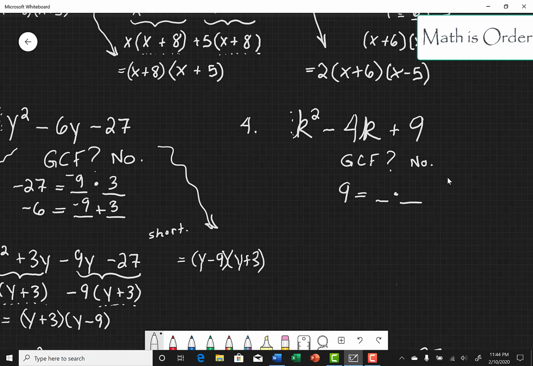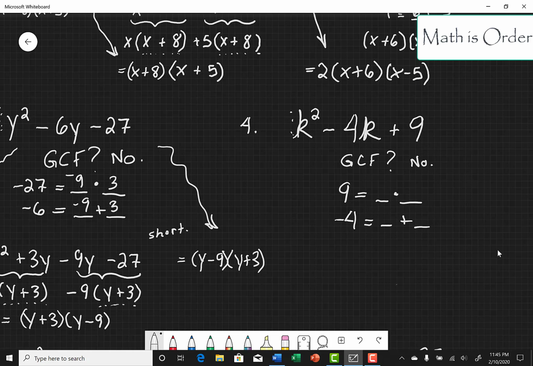Find 2 numbers that give 9, and those same 2 numbers have to add up to negative 4. Are there any numbers that will satisfy these conditions? 3 times 3 will give 9, but that won't add up to negative 4. 9 times 1 will give 9, but those numbers will not add up to negative 4. It looks like there's no numbers that will work.